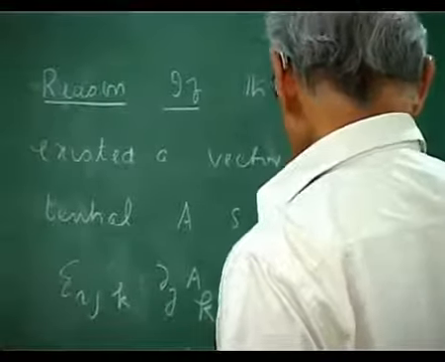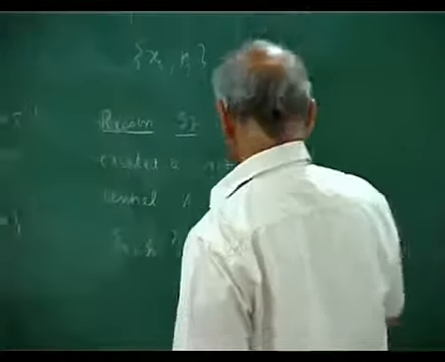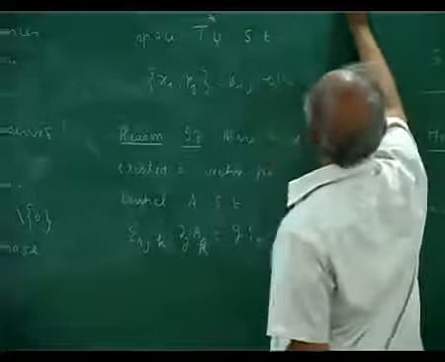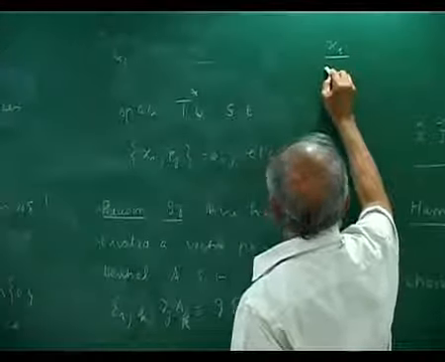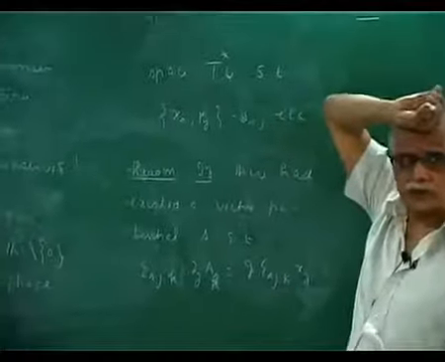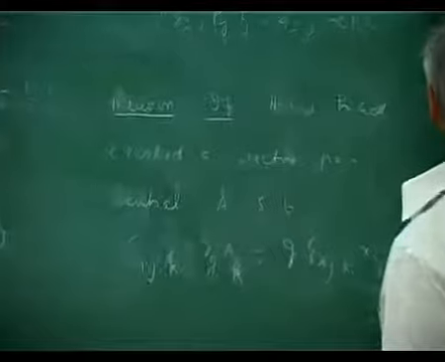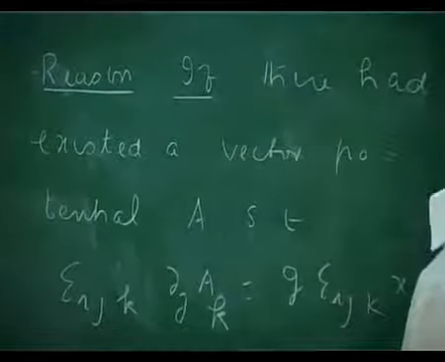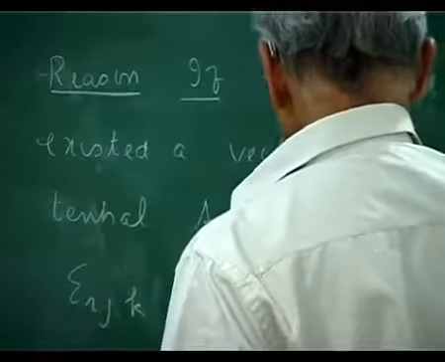Now there is only one index, I am getting confused. So what is the magnetic field? It is xi over R cubed. Yes, it is just this.